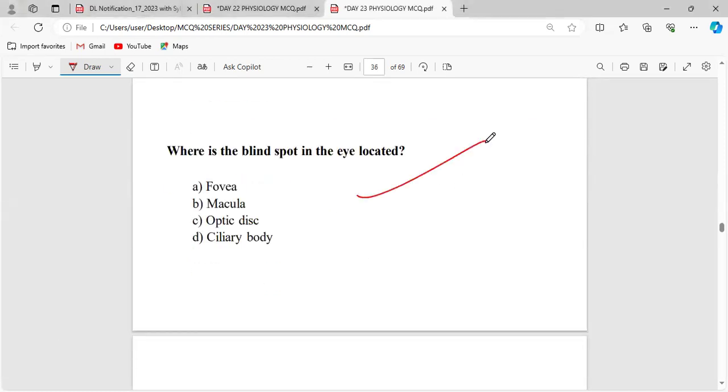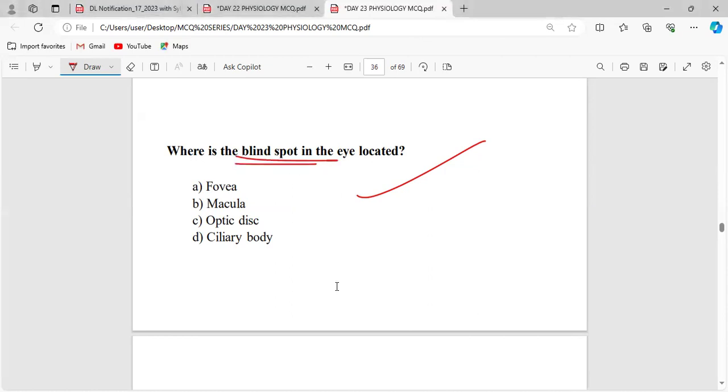Where is the blind spot in the eye located? And why are we calling it the blind spot?